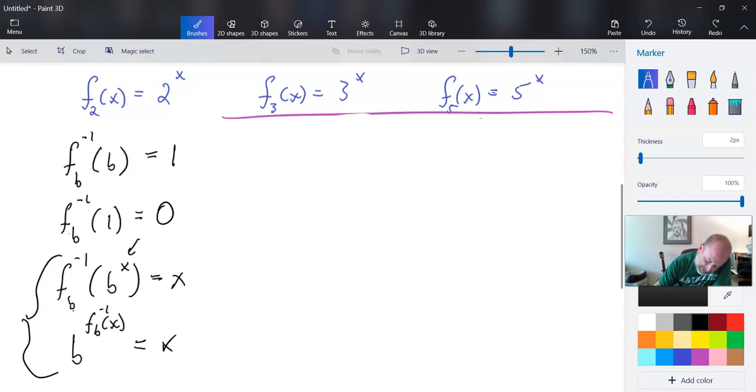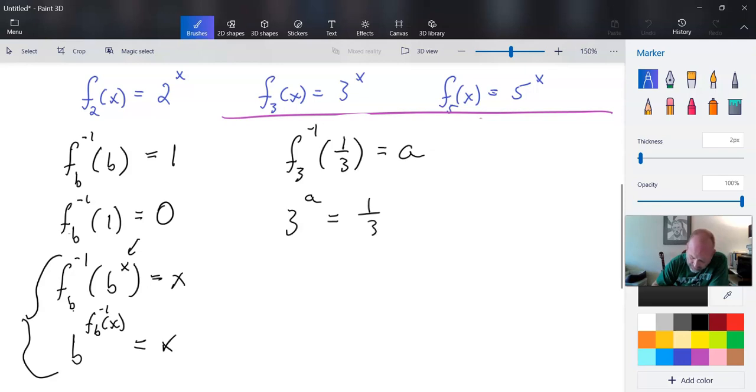Okay, so let's take a look at some of these other ones here. What if I have f inverse base 3 of something like 1/3? Well, if I don't know the answer right off the bat, sometimes it's actually really nice just to rewrite these things. I'm just going to give some value here, a. I don't know what it is yet, but I know that 3 to this value is equal to 1/3.